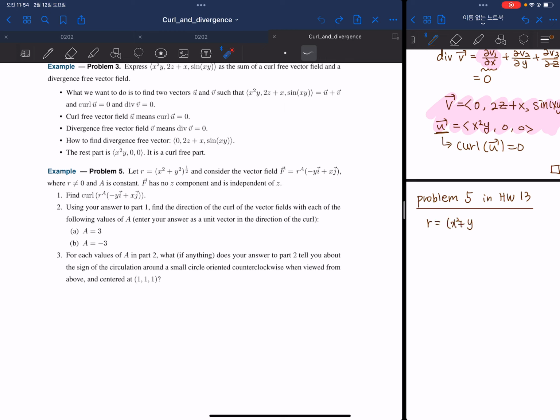So r is (x squared plus y squared) to the 1/2, and then F is given by r to the a times (minus y, x), right? And we want to calculate the curl of this F.